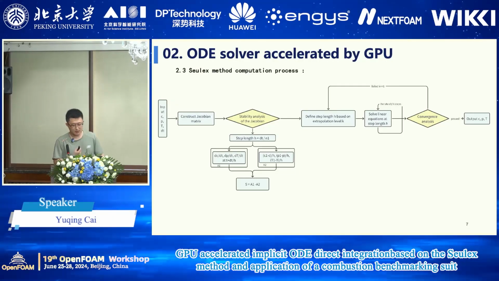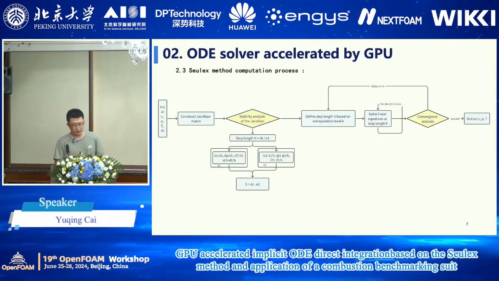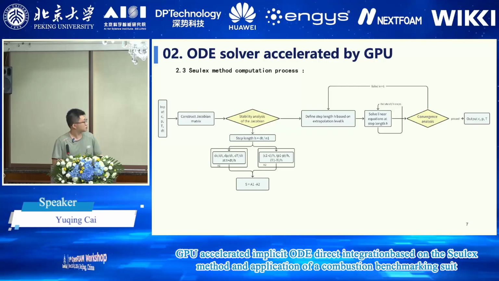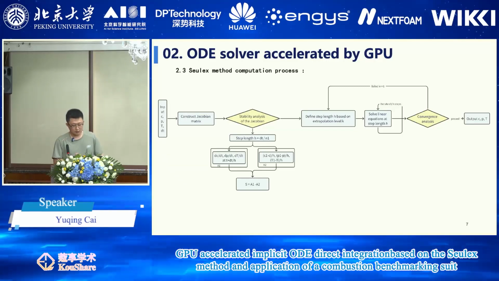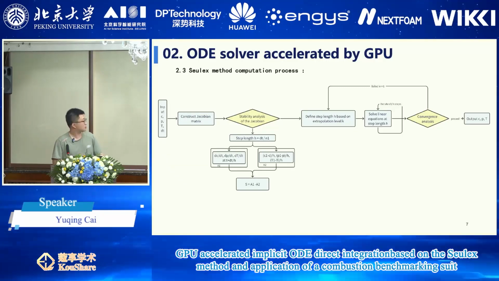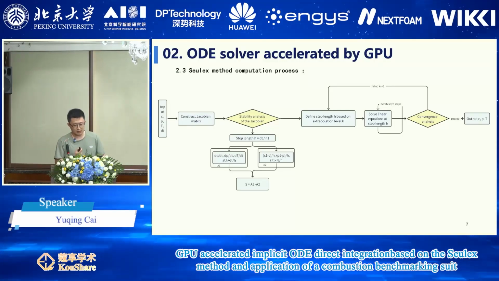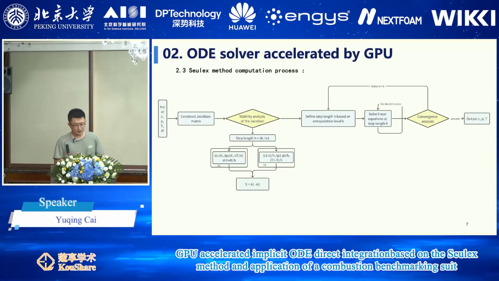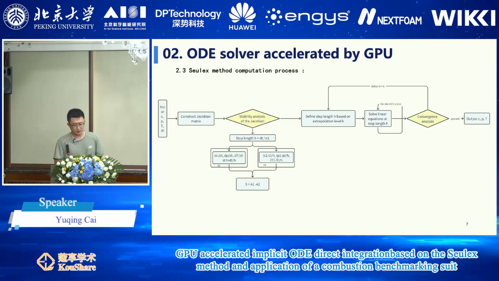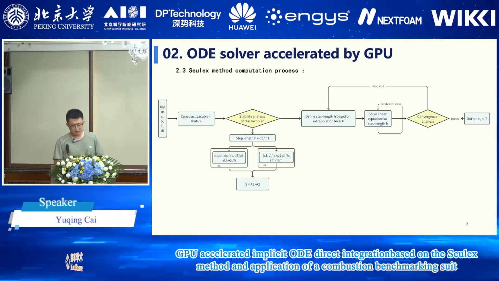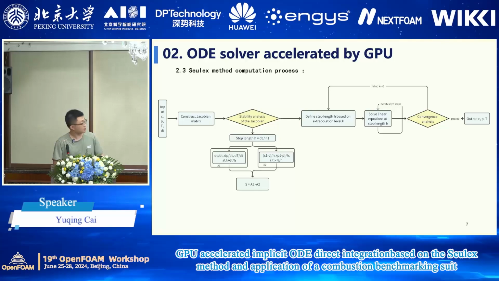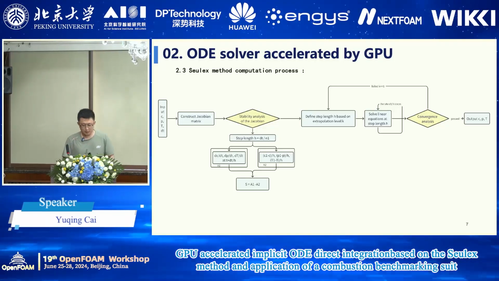After that, the Seulex determines the extrapolation level and the step size through error control. When the convergence is okay, the loop exits. But when the convergence fails, the substeps are adjusted and a higher order extrapolation method is selected until the accuracy requirement is met. Finally, the updated mole fraction, pressure, and temperature are output.